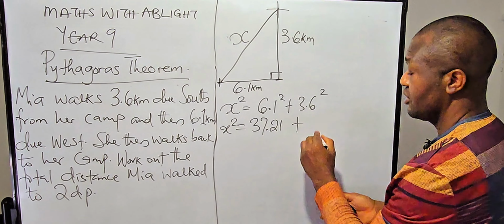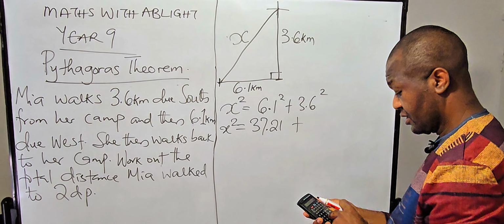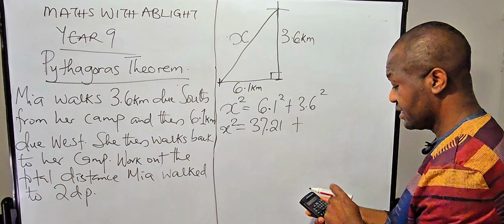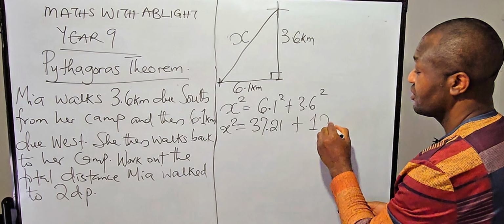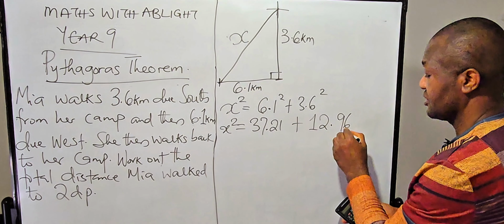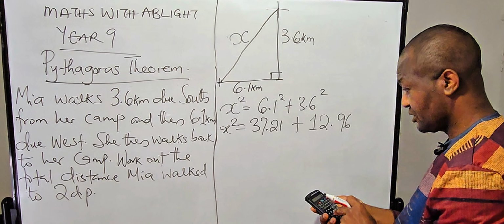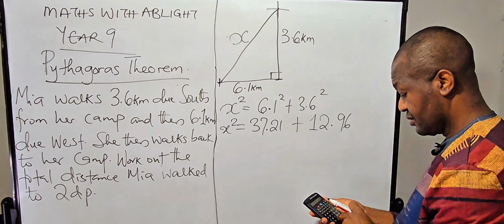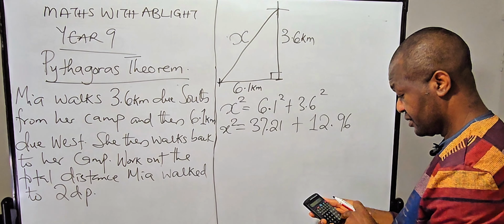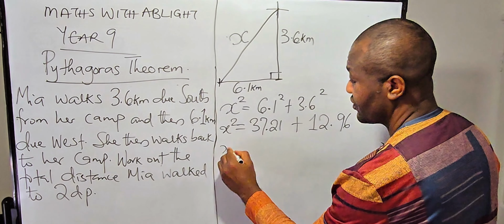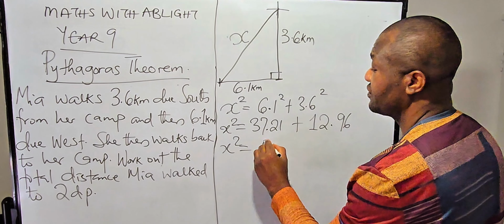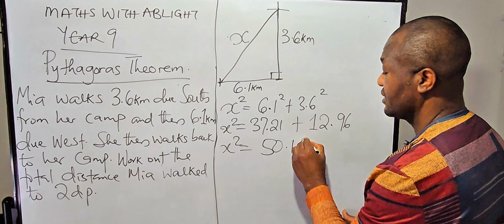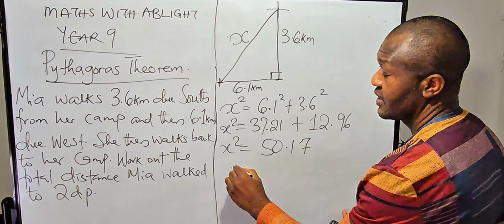So x squared is equal to 37.21 plus 3.6 squared, which is 12.96. Now let me add that to 37.21 and we get 50.17. X squared is equal to 50.17.